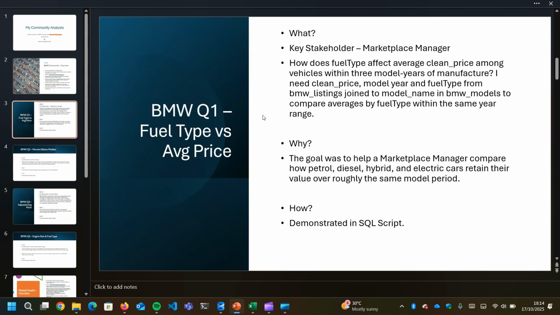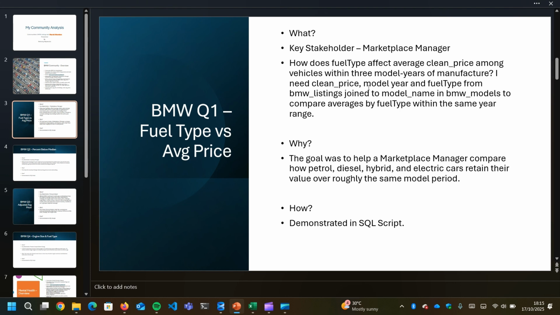The first question is basically fuel type versus average price. The key stakeholder here is the marketplace manager. The question goes: how does fuel type affect average clean price among vehicles within 3 model years of manufacture?